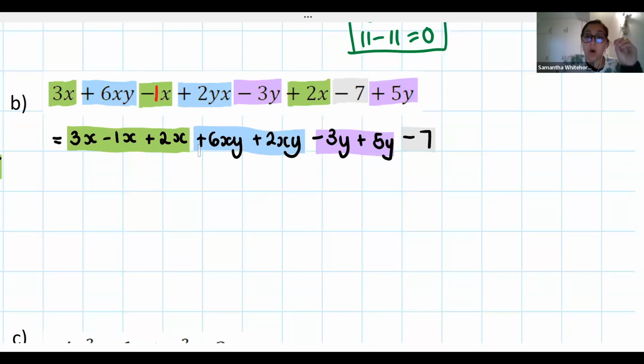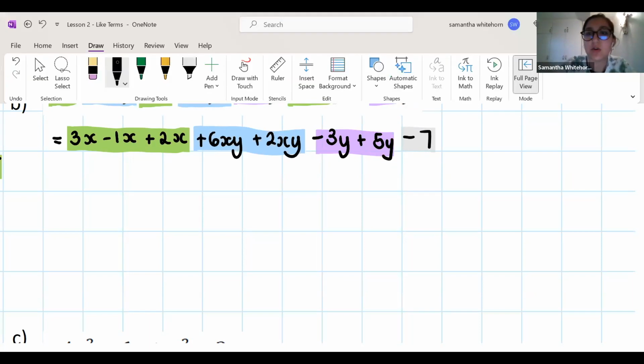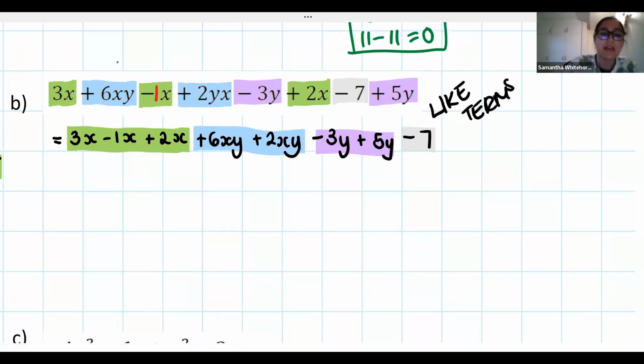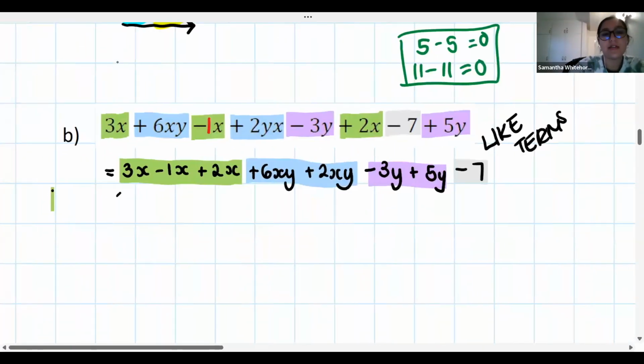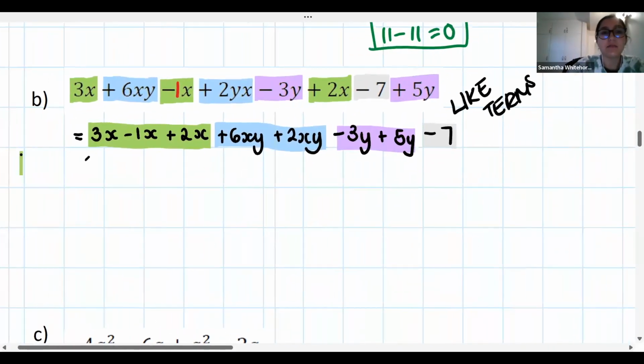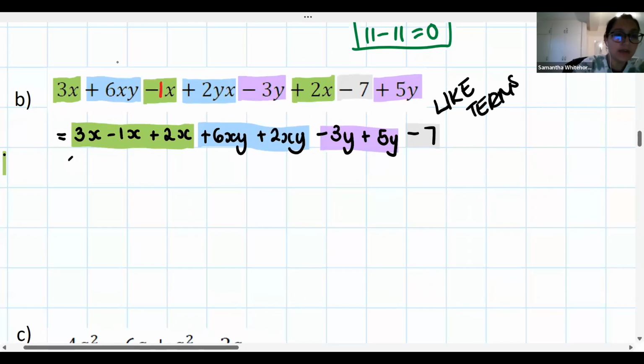So now that we know what we are adding because of our like terms, I can actually go and add my like terms. If we look at the green group of terms, the x terms, 3x minus 1x, we're just going to do it step by step. 3x minus 1x is 2x. 2x plus 2x is 4x.